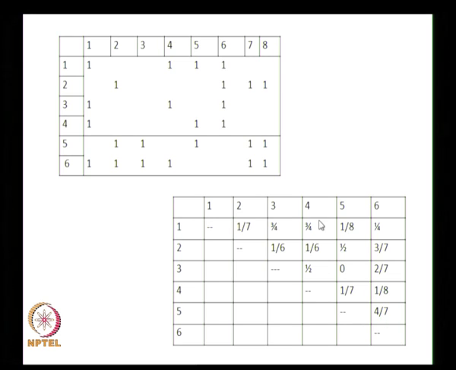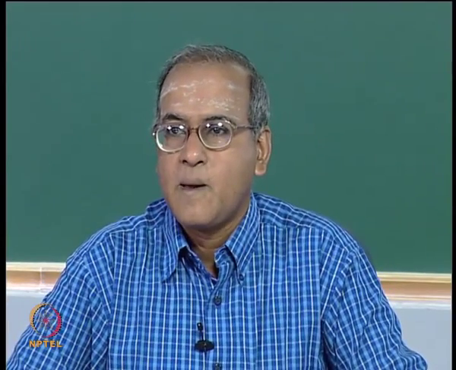So, the maximum similarity is 3 by 4. So, we can either group 1 and 3 first or 1 and 4 first. So, we start the first grouping by saying that machines 1 and 3 are grouped first, then the rest of them are grouped.